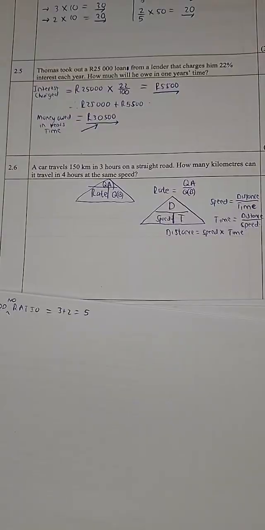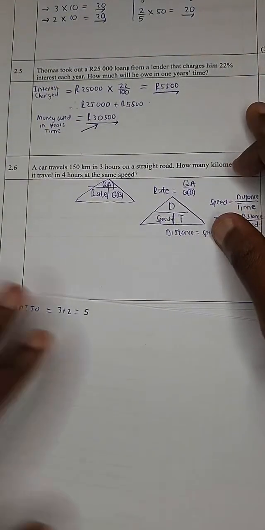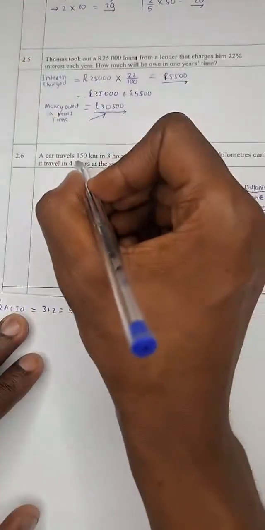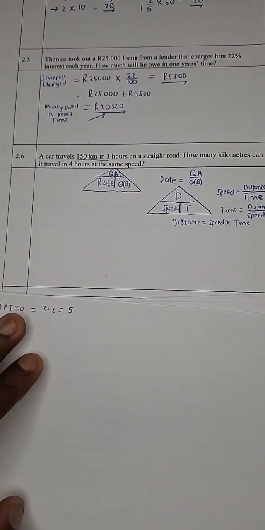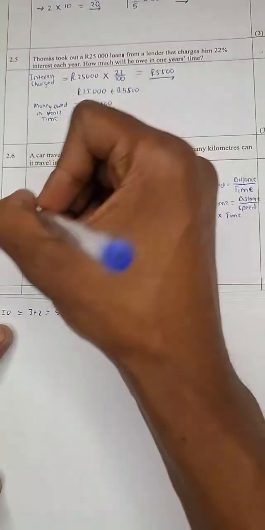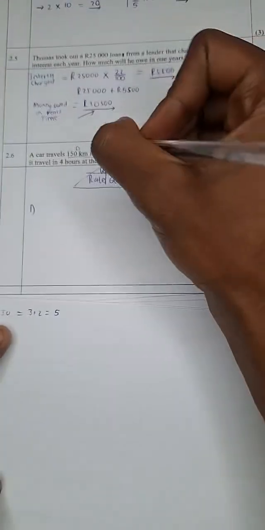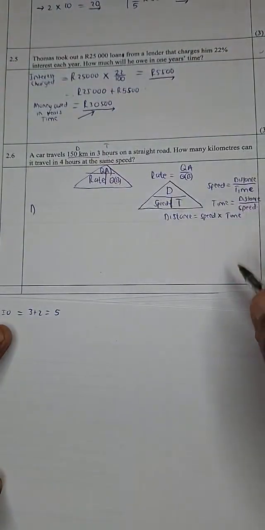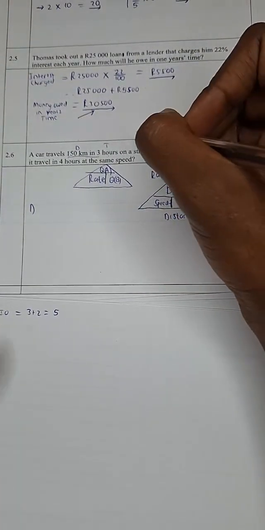But firstly, before we do anything, we need to calculate the speed of this car because it's traveling on a straight road. We need to start there. So step 1: kilometers means distance, 3 hours is time, so what we have to find is the speed.